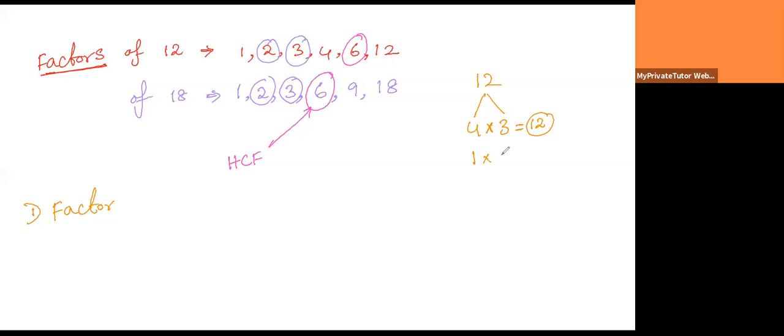Similarly 1 and 12, or 2 and 6. Once you find the factors, multiplying them together gives the original, the actual question.